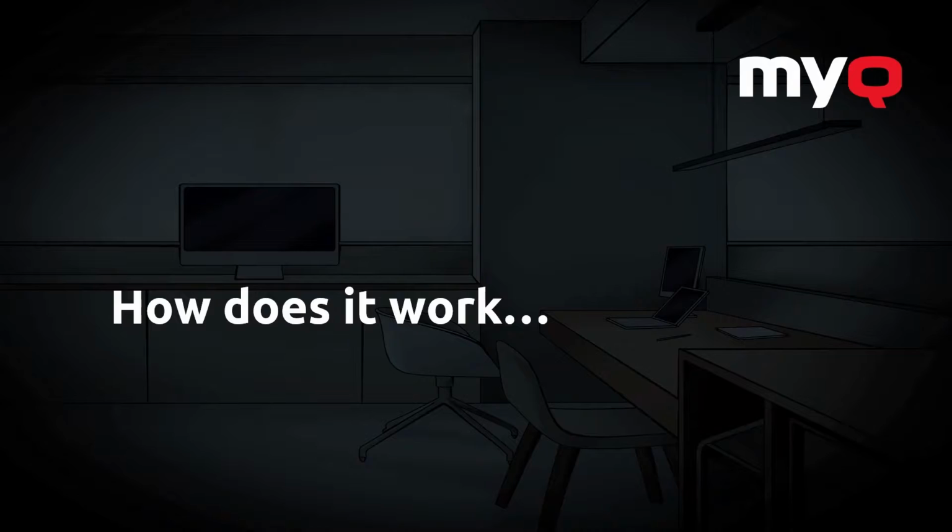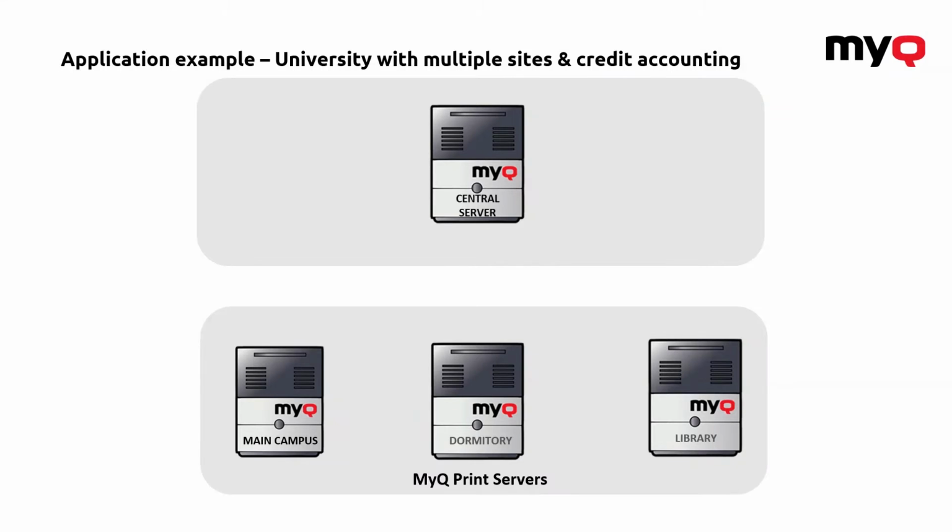So, how does it work? Pretty simple question, a little bit more complicated to explain that. So let me just do it with a little example. Like I've mentioned previously, the whole system is managed through the central server, which also means that in this case, the credit balance is not managed by the local site, but by the central server.